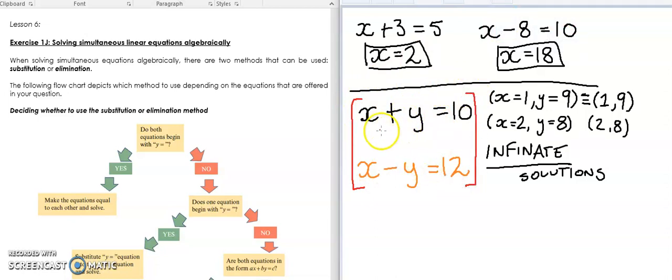So I can take any pair from here, and I can put it into this equation, provided that those same two numbers also work when I find the difference between the two, and my answer gives me 12.